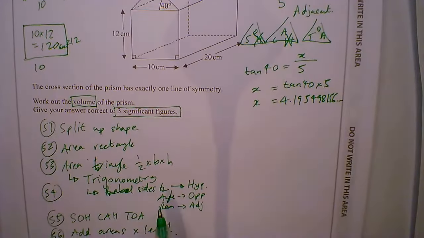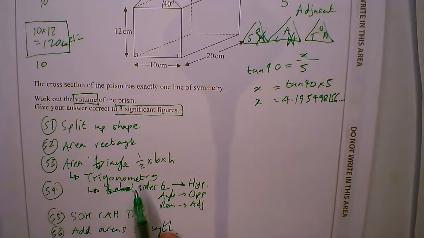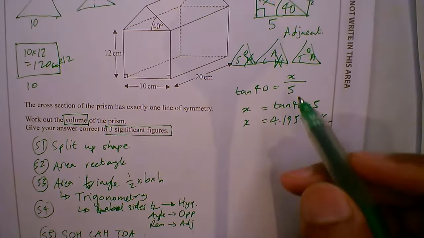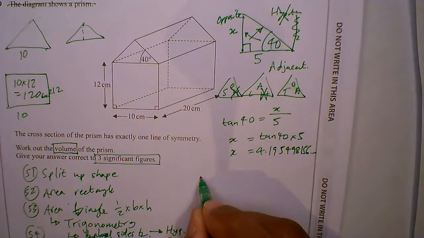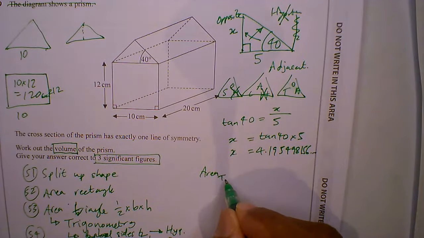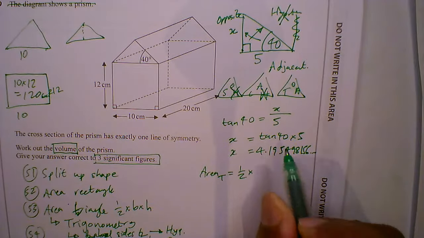So now going back to the plan, area of a triangle is base times height divided by 2. So area of triangle equals half times base.